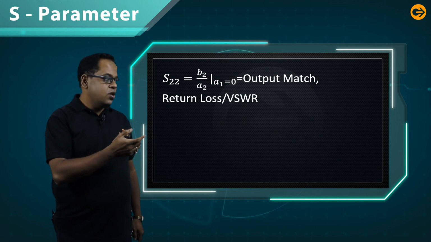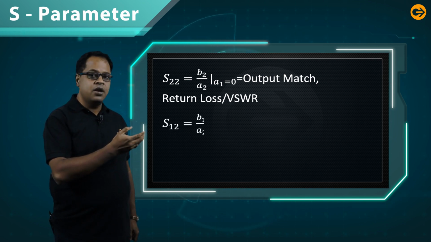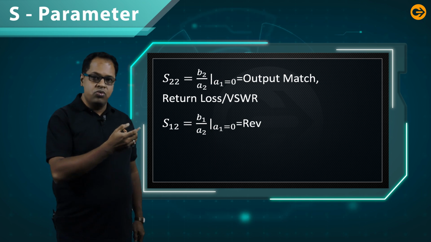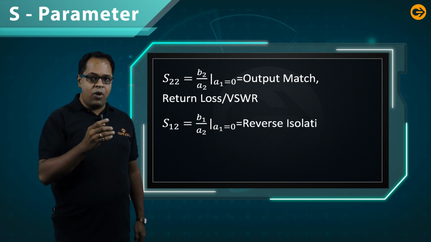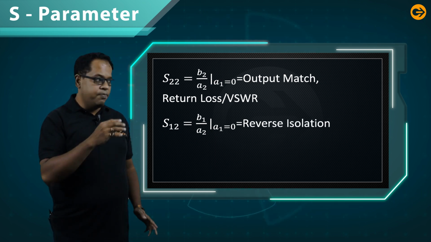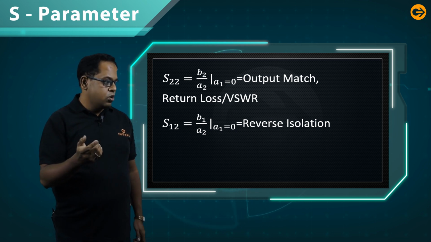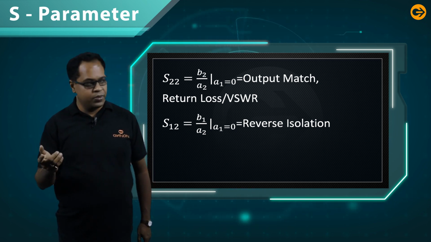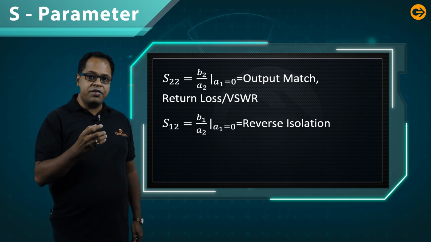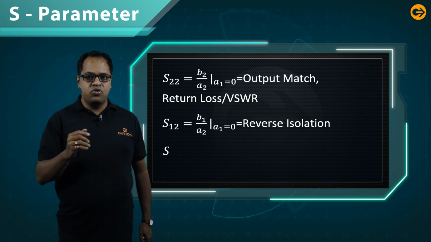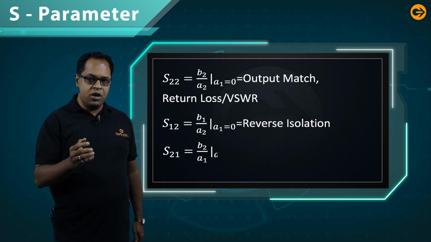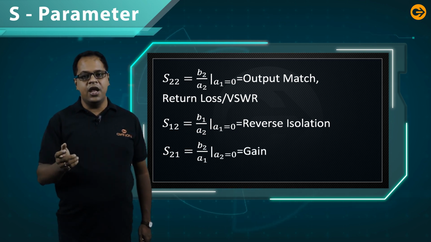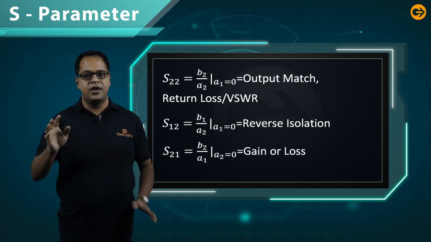What is S12? S12 is B1 by A2, which is the reverse isolation for a network. And what is S21? S21 is B2 by A1, which is nothing but the gain or the loss for that network.